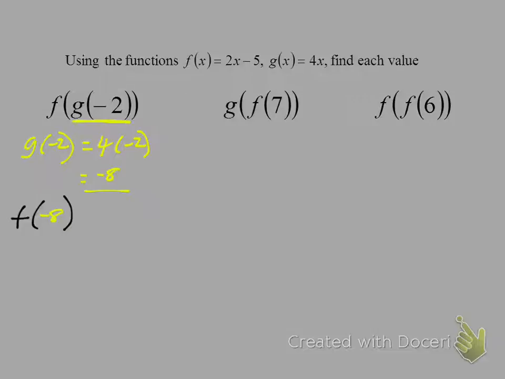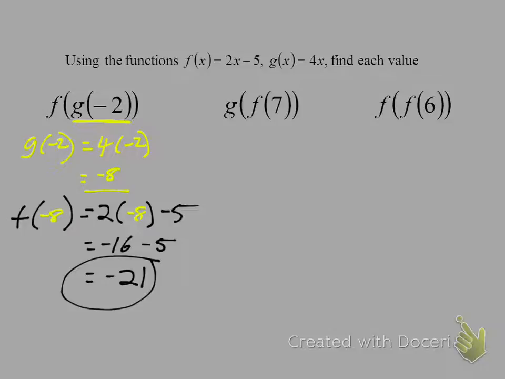So negative 8 into f now. Because you're going into f now, 2x minus 5, so 2 times negative 8 minus 5. 2 times negative 8 gives you negative 16, minus 5, which gives you negative 21.